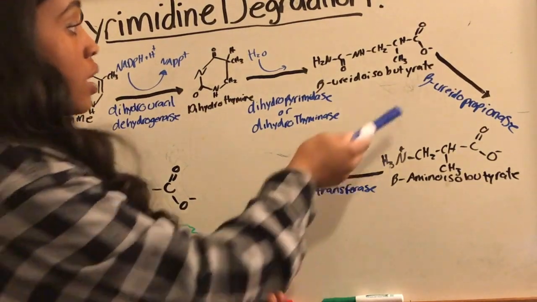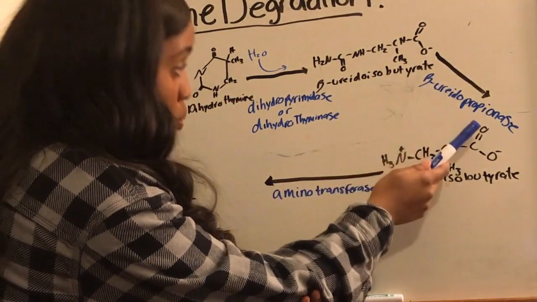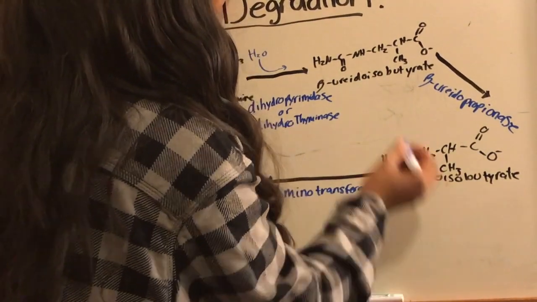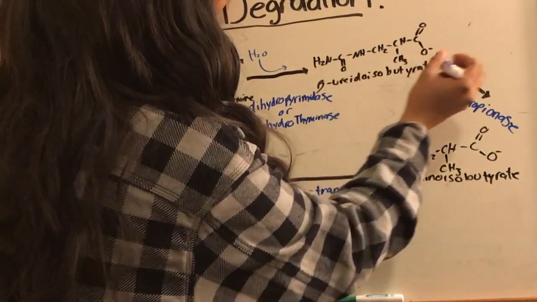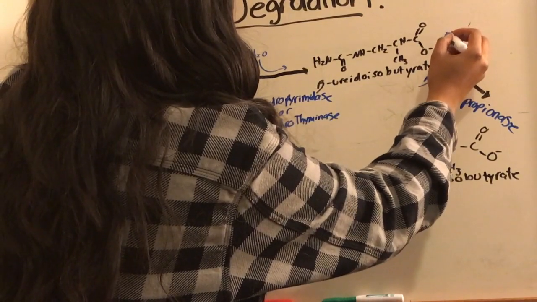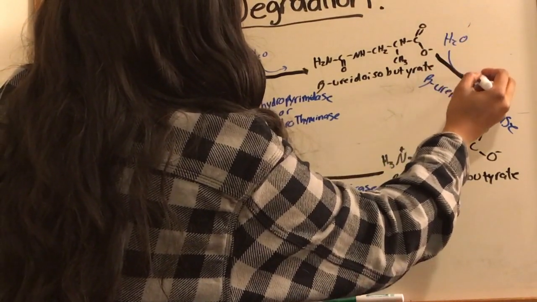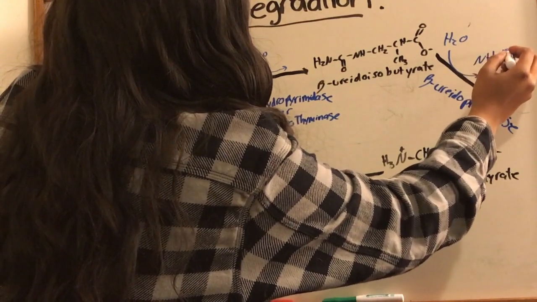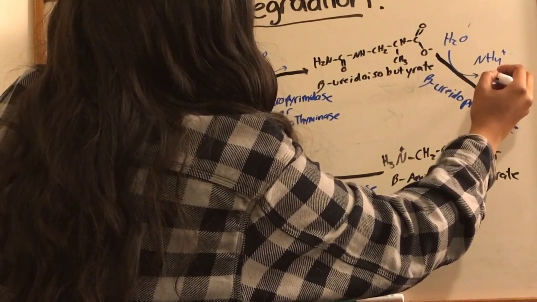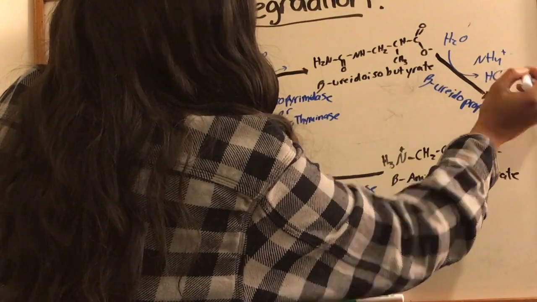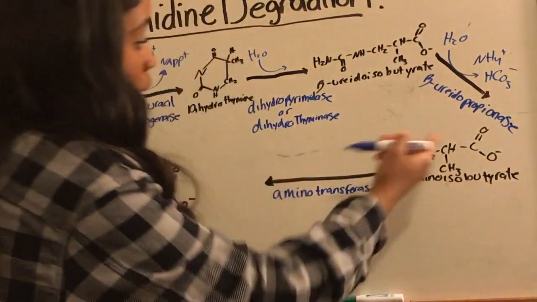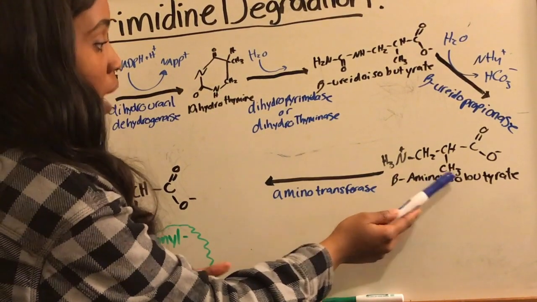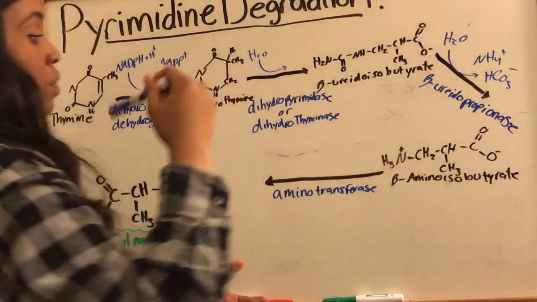Respectively, this enzyme, beta-ureidopropionase, is going to remove an ammonium ion and a bicarbonate in the presence of water. So we're going to get ammonium ion and bicarbonate, and that is going to form beta-aminoisobutyrate.